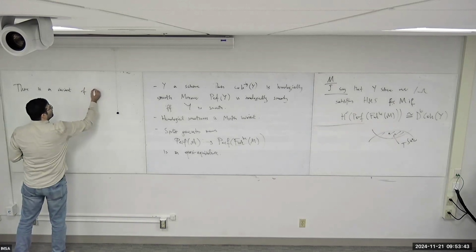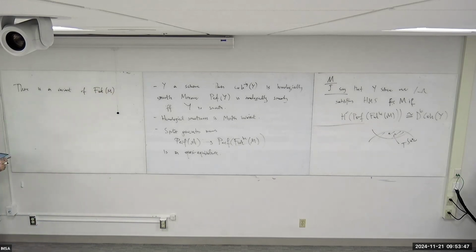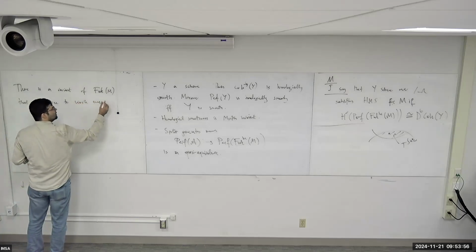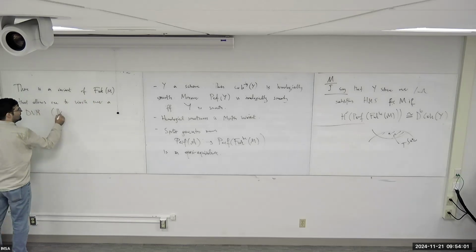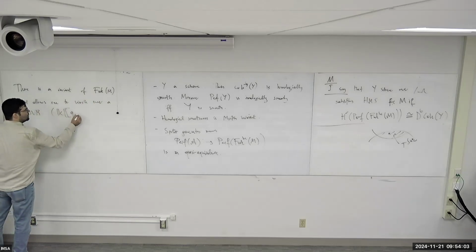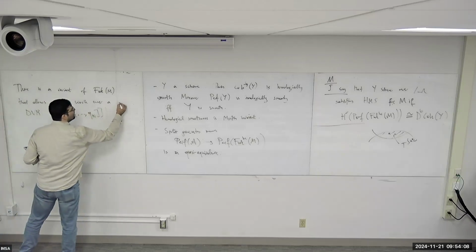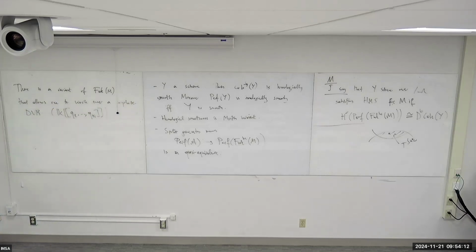Okay, there is a variant of Fuk M that allows one to work over a discretely valued field. So I'll write DVR, but something like this: K double bracket Q1 through Qn, just this complete DVR instead of the Novikov field, which is not Noetherian, kind of algebraically bad.